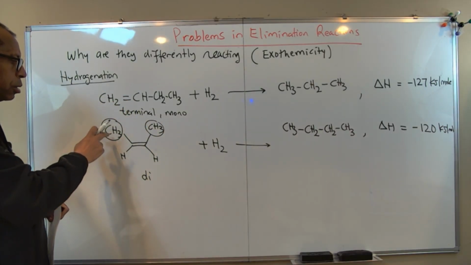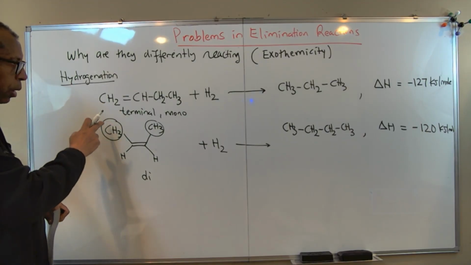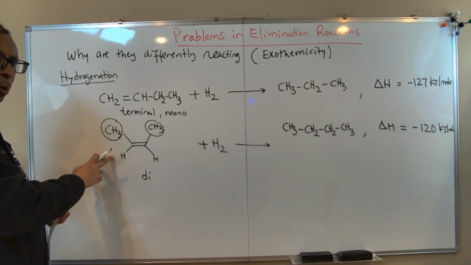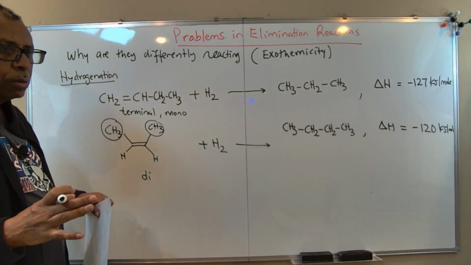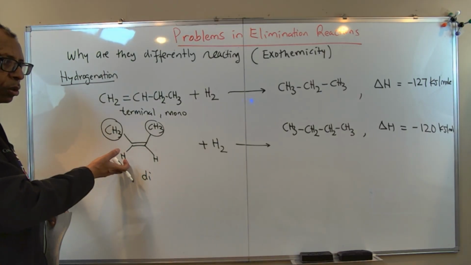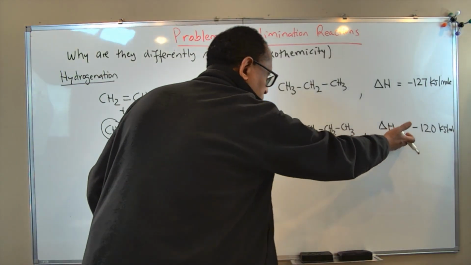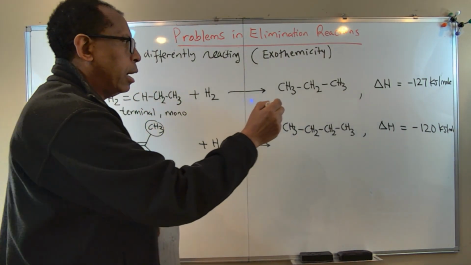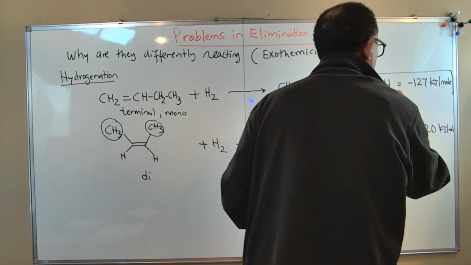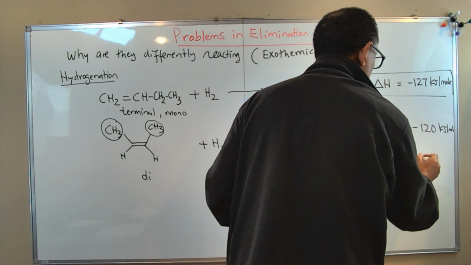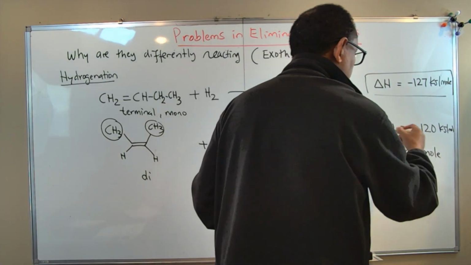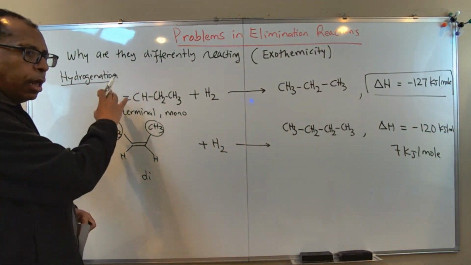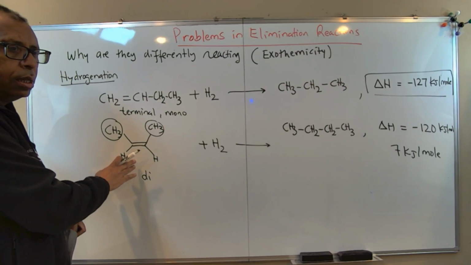So if you were to see the stability of these two alkenes, the top alkene is less stable than the bottom one. The bottom is disubstituted, according to Saytzeff's rule, so it should be more stable. That means it reacts to a lesser extent. So that's why the top reaction is more exothermic, by 7 kilojoules per mole. There is a 7 kilojoules per mole difference between these two. So that means the top alkene is less stable than the bottom.